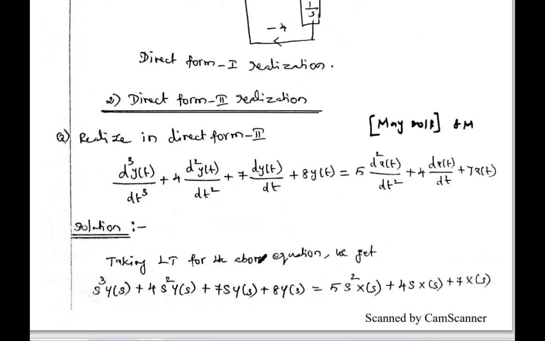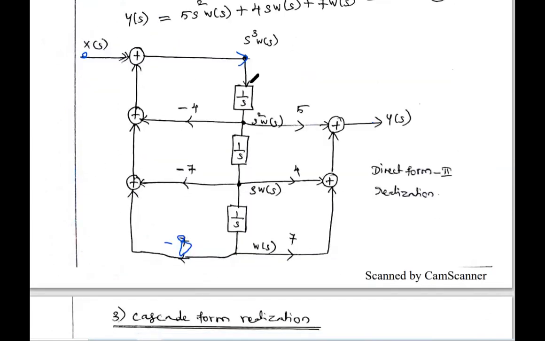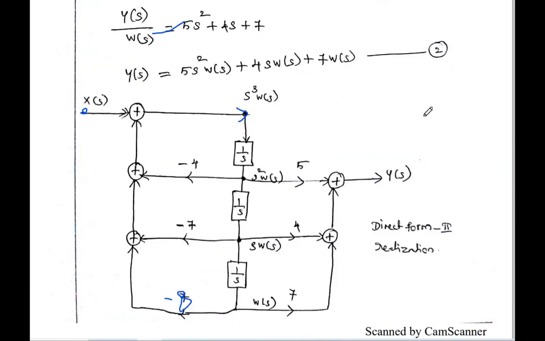But in direct form 2 realization, in the center we have to use the integrator, and in the first and the last we have to use adders. The number of adders is not reduced between direct form 1 and 2. It is the same, but the number of integrators used in direct form 2 realization is reduced by half the amount. That is the greatest advantage of direct form 2 realization.